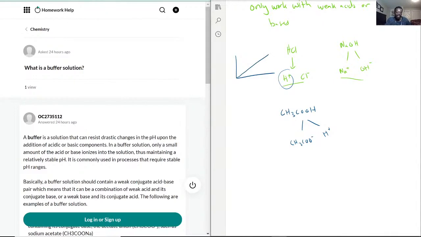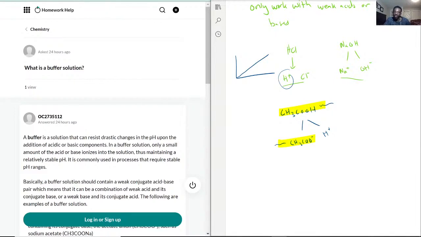The amount of base you add will cancel the amount of acid that I have, and it'll just be a linear relationship. But with this, because you have some acetic acid and its conjugate base floating around in the same solution, that is when you have a buffer solution.